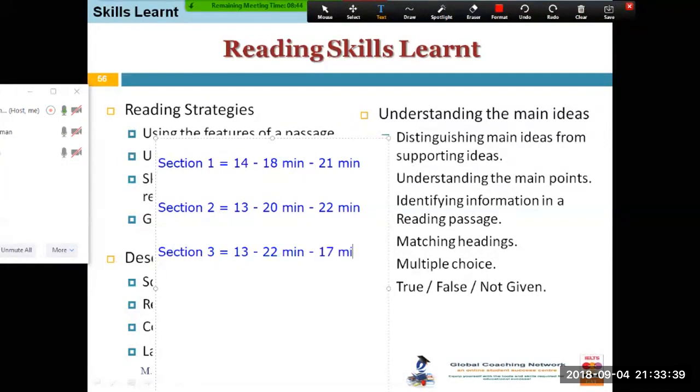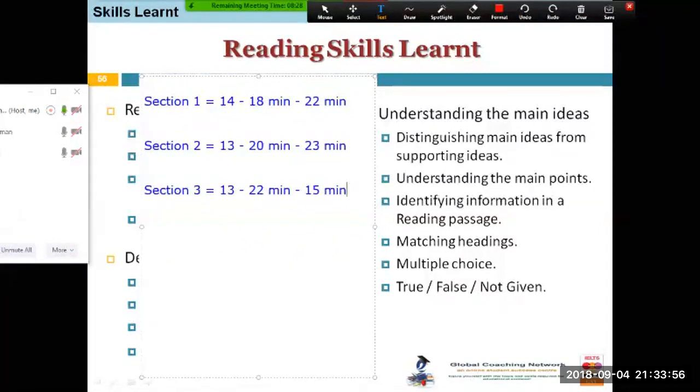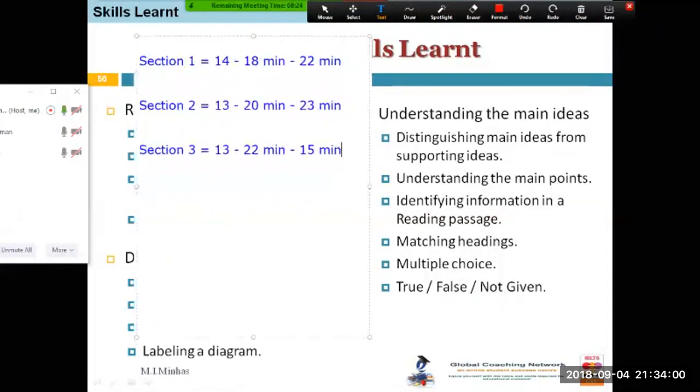Just to make it worse, let's make it 23, and now you are left with 15 minutes. So right from the beginning, you know that you are short of time for section 3. In this case, you should be aware of which questions you need to attempt first.